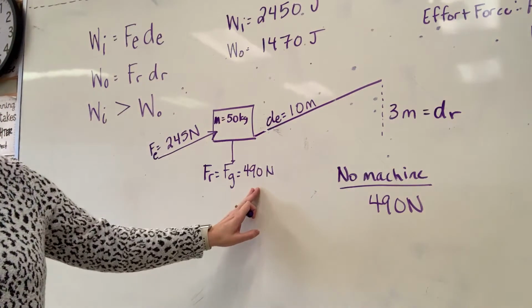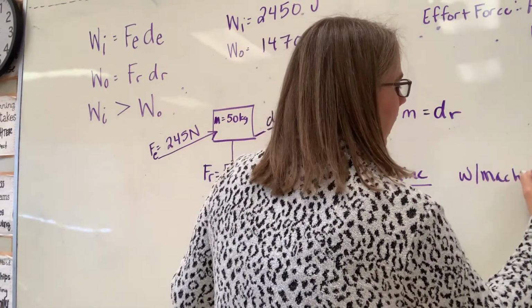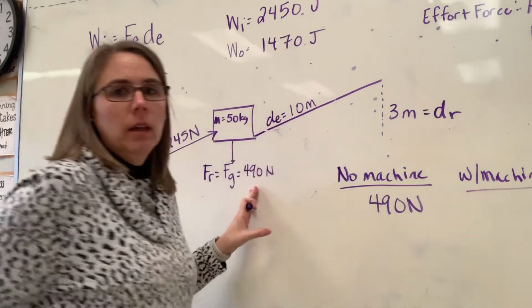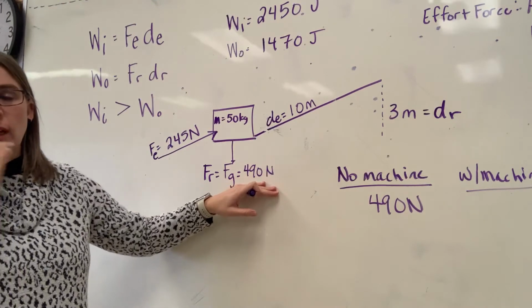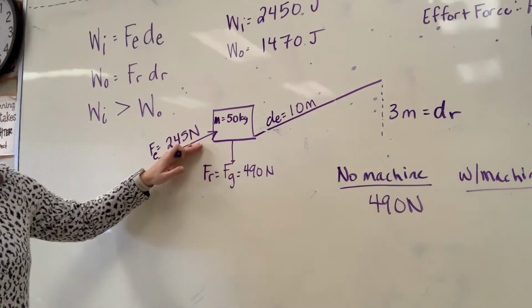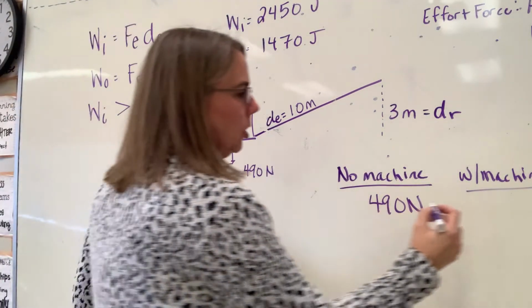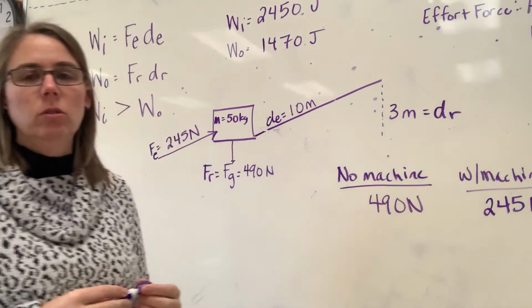However, I have a machine. Thank goodness. What kind of a machine do I have? I have an inclined plane. Because I'm using this machine, I don't have to apply 490 newtons of force. I only have to apply 245 newtons of force. So with the machine, I'm only applying 245 newtons of force.